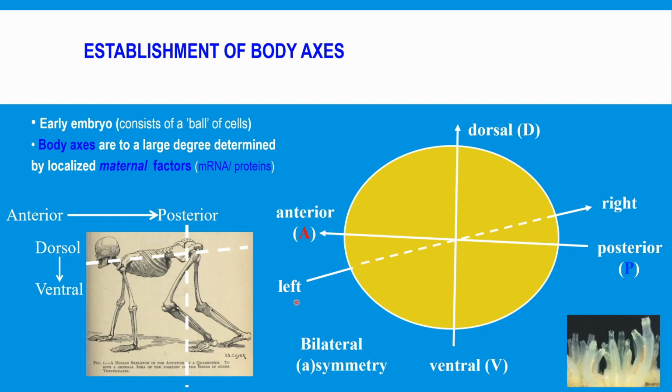And later will come a left and right axis, which of course the human body has as well. And many animals have bilateral symmetry in that they are round in shape. They still have dorsal ventral, anterior posterior, but it's not always easy to tell if they have a left and right axis.